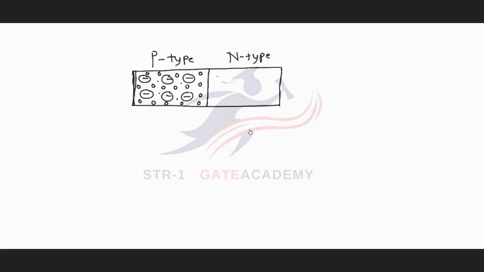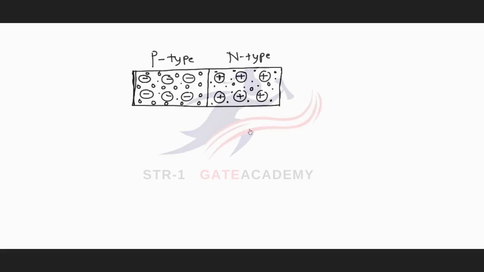In the n-type semiconductor, we have already seen that there are positive ions, and the majority charge carriers are electrons. With these electrons, there will be some holes also.